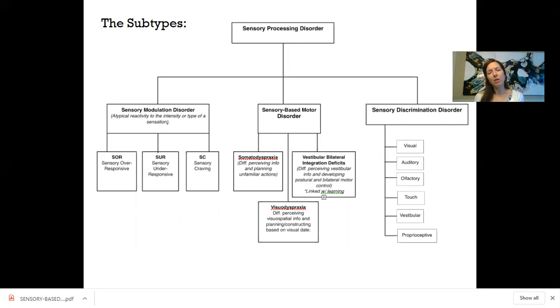Sensory-based motor disorder is basically when sensory processing significantly interrupts a child's ability to move their bodies. So we have somatodyspraxia, which is difficulty planning and perceiving your body sensations in order to plan unfamiliar actions.